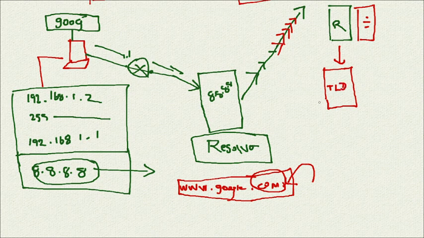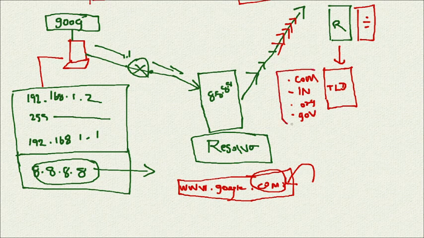Top level domains means it has only the dot com server's IP address, dot in IP address, dot org and dot gov. These are the top level domains.